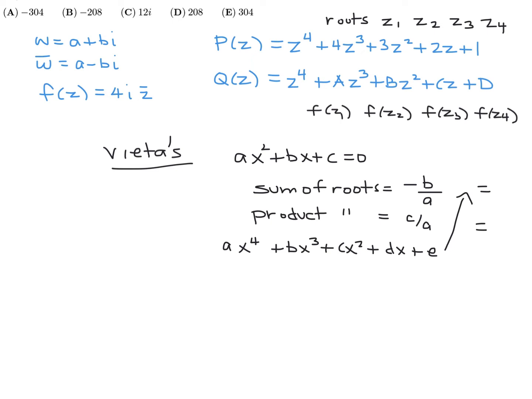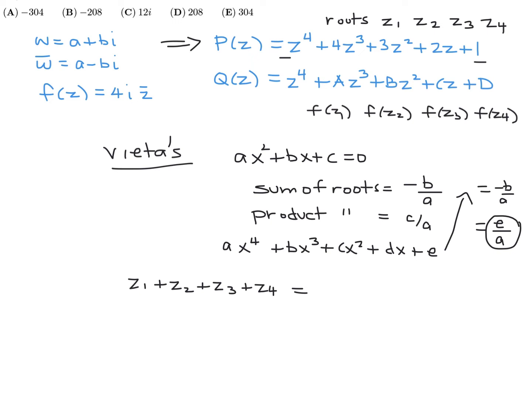The sum of the roots is the same calculation. Product of the roots, e over a. Got it? So, similar. So, let's use Vieta's. Sum of the roots for the first one up here is z1 plus z2 plus z3 plus z4. Now, according to Vieta's, it would be this e over a, which in this case looks like 1 over 1, which is just 1.